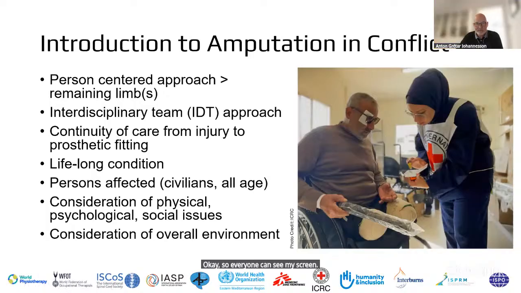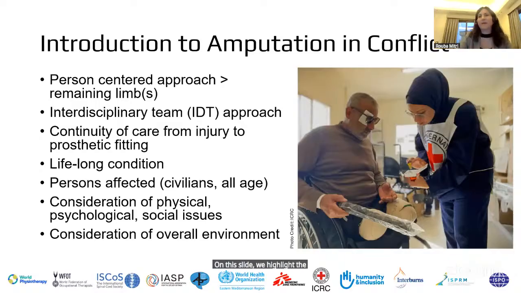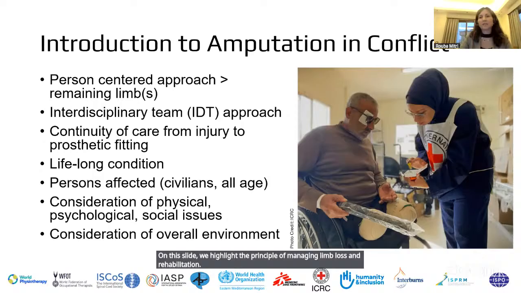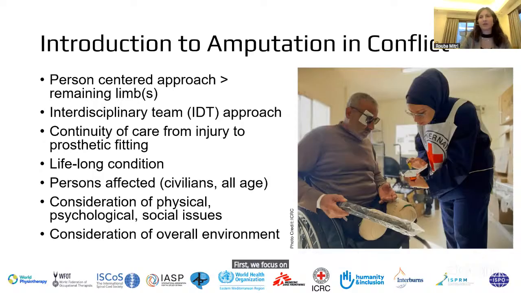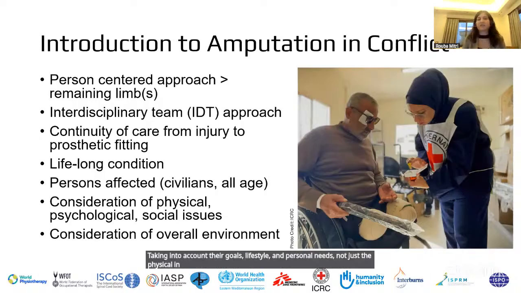Yes. On this slide, we highlight the key principles of managing limb loss and rehabilitation. First, we focus on a person-centered approach rather than just the remaining limb. What does this mean? This means we treat the individual as a whole, taking into account their goals, lifestyle, and personal needs, not just the physical injury and not just the limb.